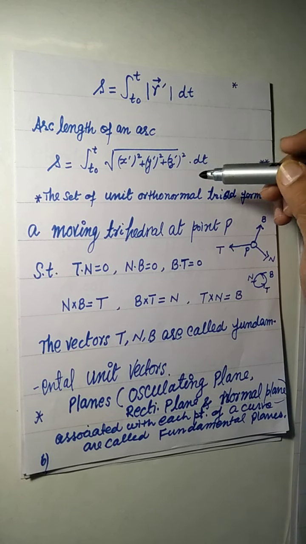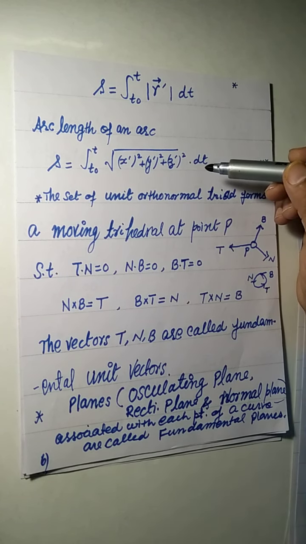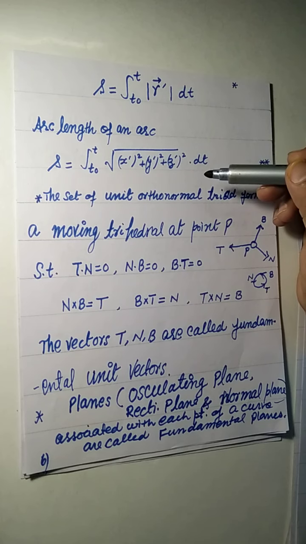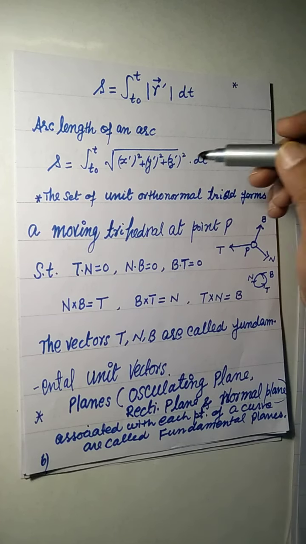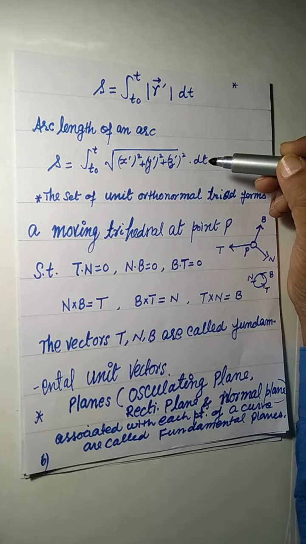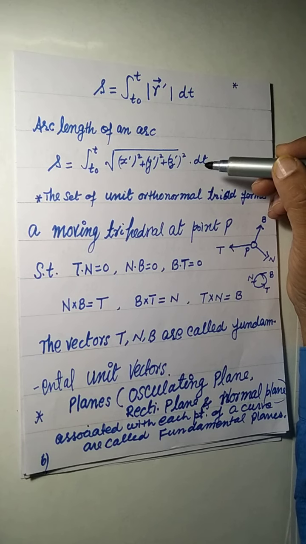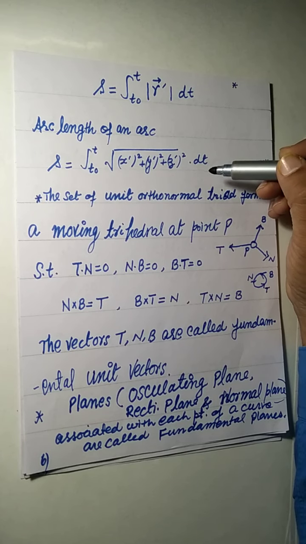So we will use this formula for finding the arc length of an arc: s equals the integral from t0 to t of the square root of x dot square plus y dot square plus z dot square, dt.